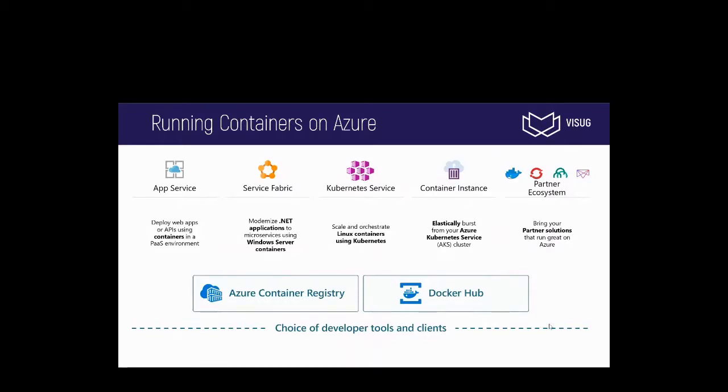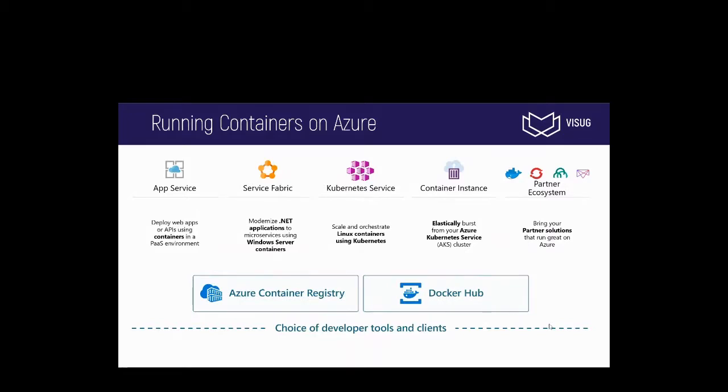Now, you might know App Services for running your web applications where you have source code. And now you can use the exact same characteristics, all capabilities from App Services that you might know, but instead of pushing source code, you're going to publish your container. Or partner ecosystem, if you're familiar with Docker Swarm, if you're familiar with Docker Enterprise, maybe you're familiar with Red Hat OpenShift.